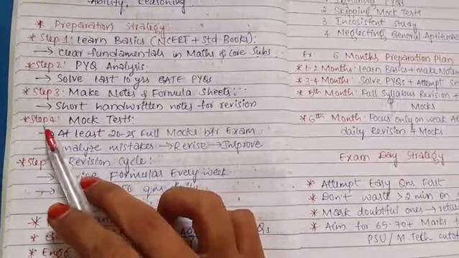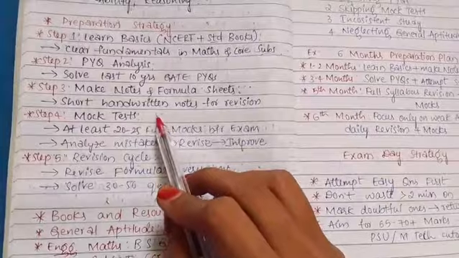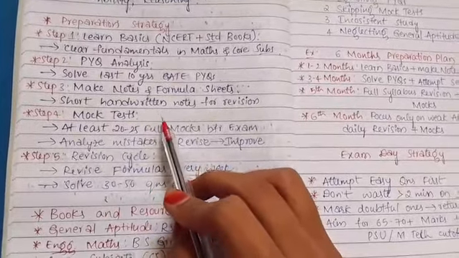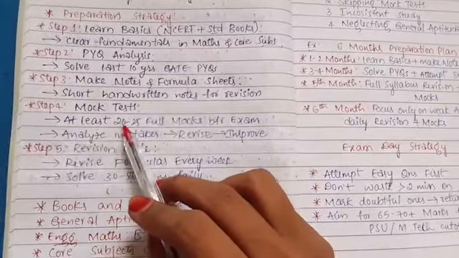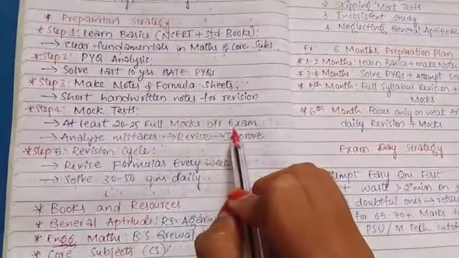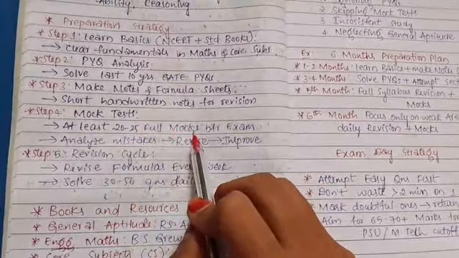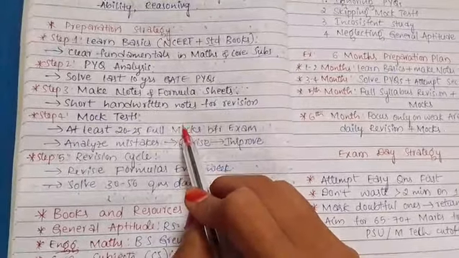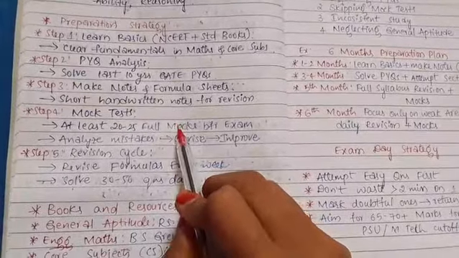And the fourth step is mock tests. Whatever you have studied, you have to take a mock test based on that topic. At least 20 to 25 full mocks before the exam. Then you will be prepared for the GATE exam, or else not.